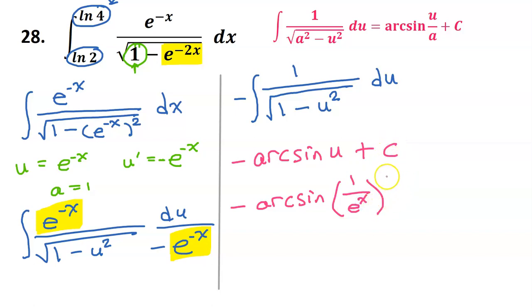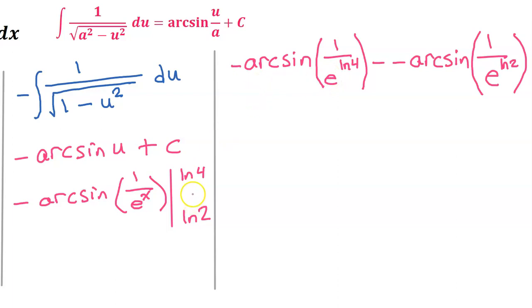Now instead of putting plus c, I'm going to go ahead and bring back my limits of integration. This is a definite integral, so let's not forget about that. Put a vertical line and show your limits of integration. So natural log 2 to natural log 4. This reminds me that I need to find the value at 4 and then subtract the value at 2.